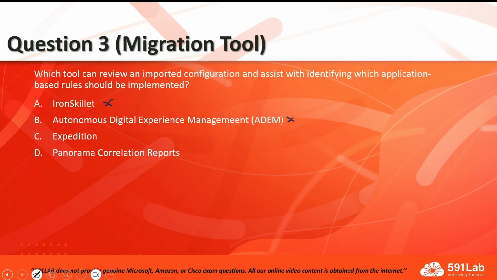And then C, Expedition. Now, Expedition is the migration tool that can help the migration process. And the Panorama correlation report is not a migration tool. Then the answer for question number 3 is C, Expedition tool.